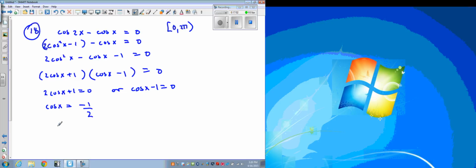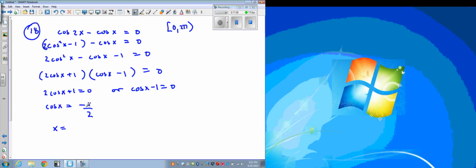So cosine is equal to a negative 1/2 in that interval where? Negative 1/2 is in the second quadrant. 2 pi over 3? Pay attention and figure it out later.